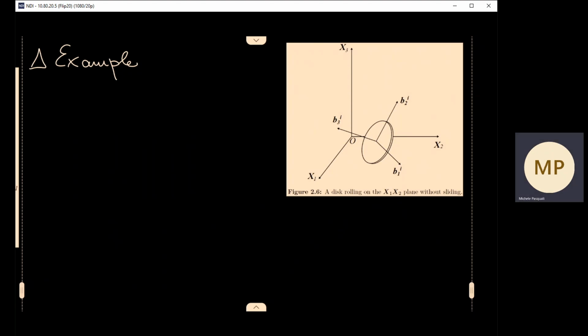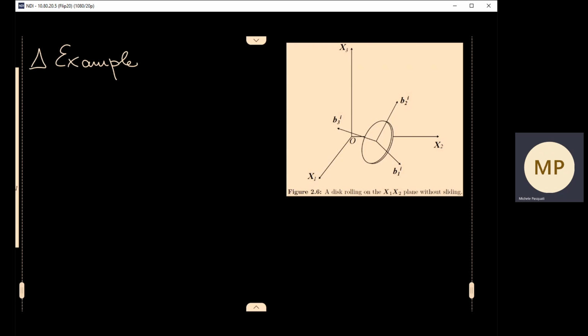For you to know, this is the most typical kind of non-holonomic constraint that you can find: imposing that something can roll over something else without sliding. If you think about it, it makes sense because it limits not the position, but the way the motion must take place.